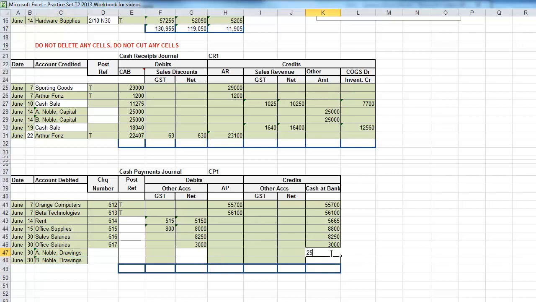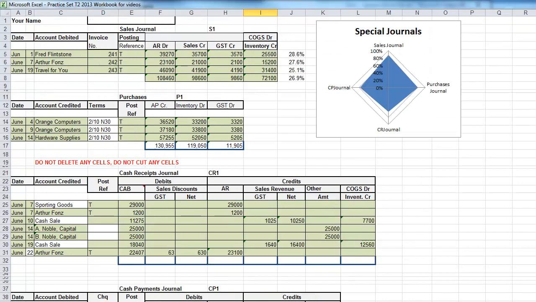So that's 2500, 2500, and other accounts 2500 and 2500. I know that's now recorded all of our transactions. The next video I come back, we'll finish off some of these totals and do end of month posting.